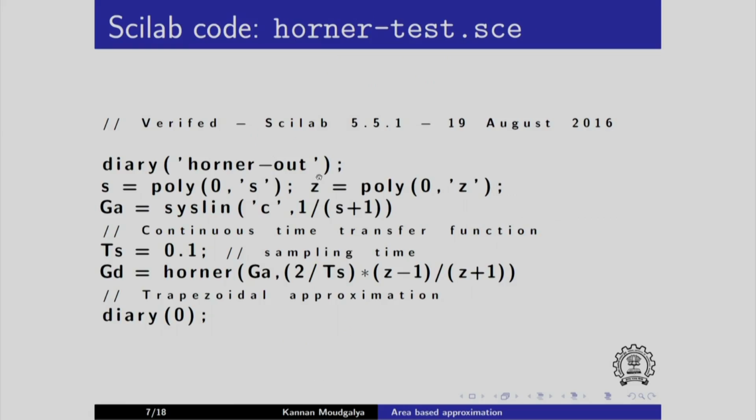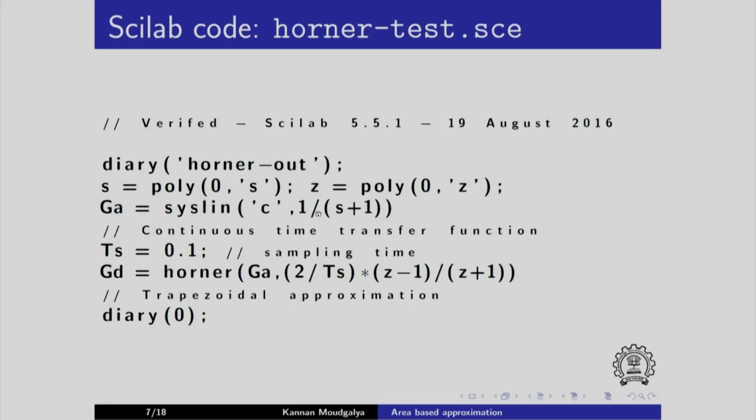Here is the Scilab code for this from a file horner-test.sce. I open a diary so that the result of all these calculations go into this diary. I define s and z to be polynomials.